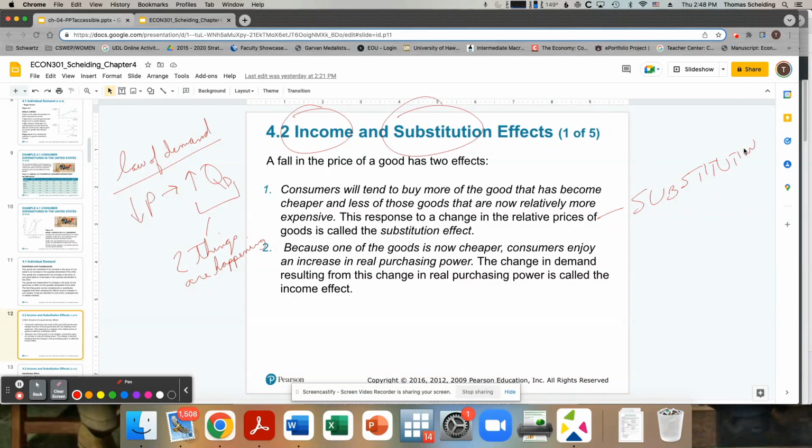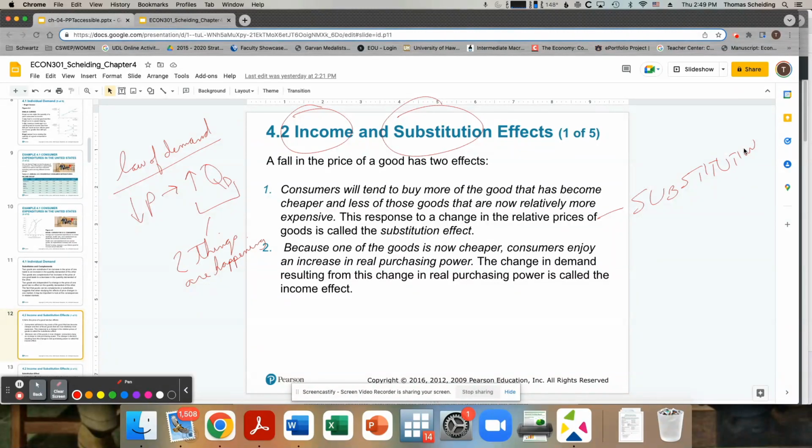On the other hand, what they're doing is that as Pepsi becomes cheaper relative to computers, let's say that's staying constant in price, people will buy more computers. So the substitution effect always works in the same direction, no matter what the type of good is.